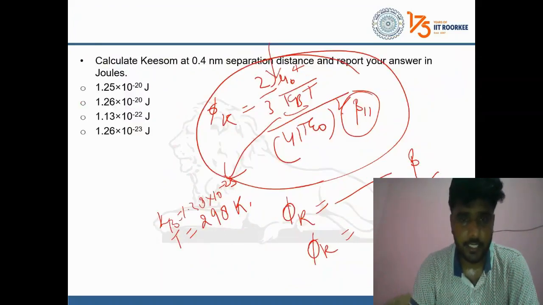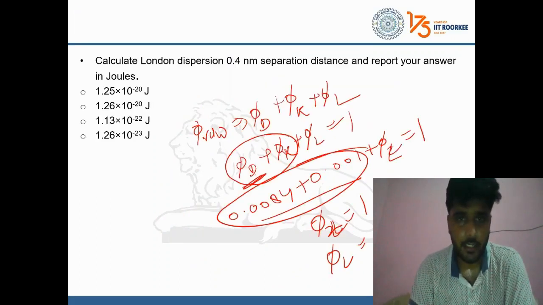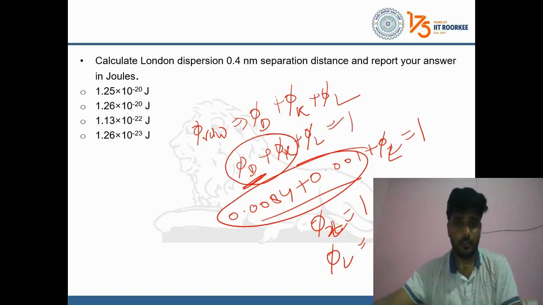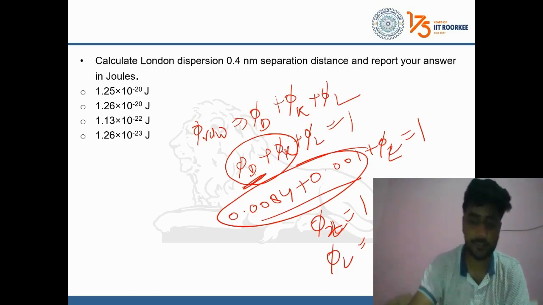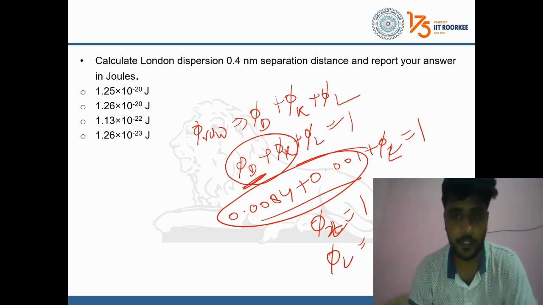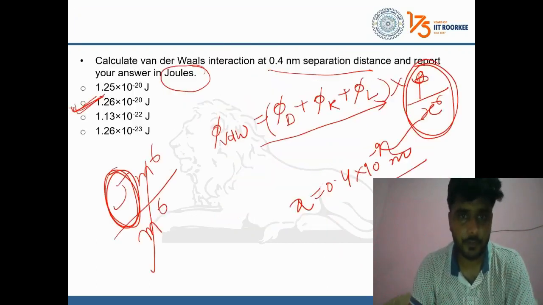You will get phi d, phi k, and similarly phi l. After calculating these three interactions, you have to calculate the total van der Waals interaction. For that, you just add these values and multiply, similarly, by beta divided by x power 6. So you will get this value.